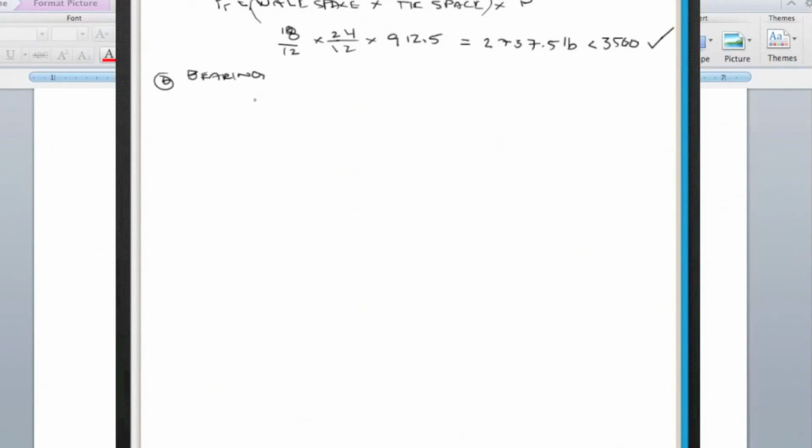Just kind of looking at compression failures or crushing. So first one we're going to look at are these studs on the whalers. Okay, so P in this case is going to be the load per foot times the wale spacing.